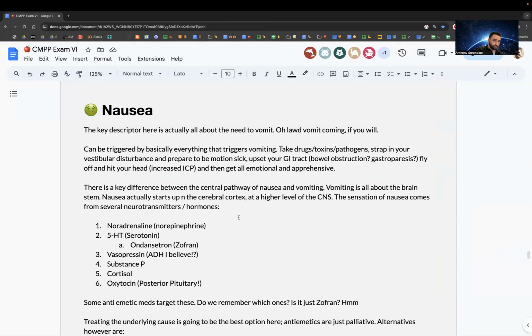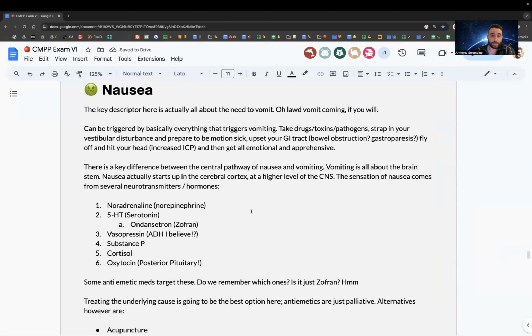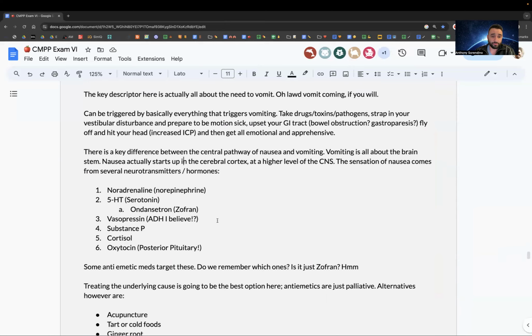All right, so nausea, it's going to be triggered by all of the same stuff, basically, that triggers vomiting. However, vomiting is all about the brainstem, and nausea actually starts up in the cerebral cortex. So, the higher levels of the CNS. And the actual sensation of nausea comes from vasopressin, something called substance P, cortisol, oxytocin, noradrenaline, serotonin.